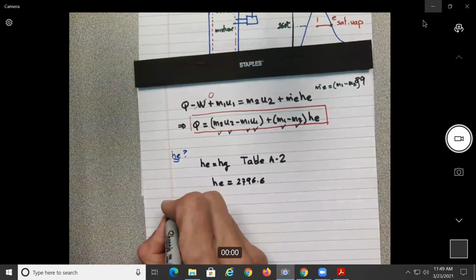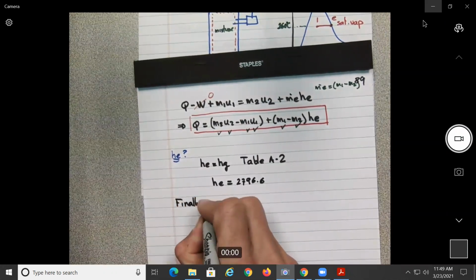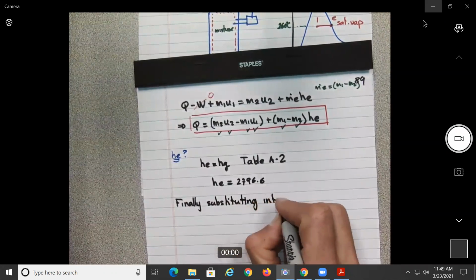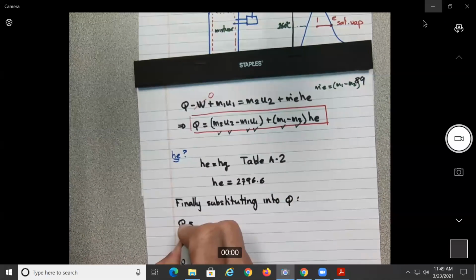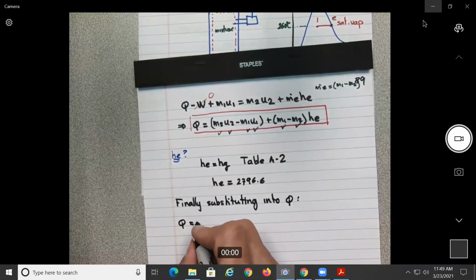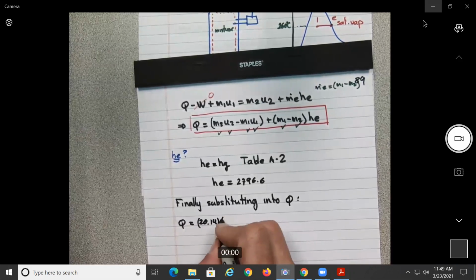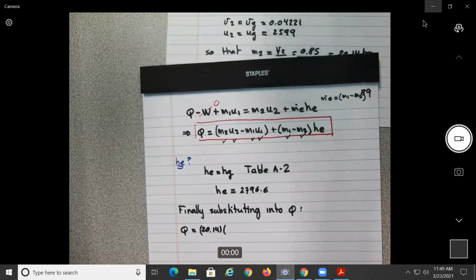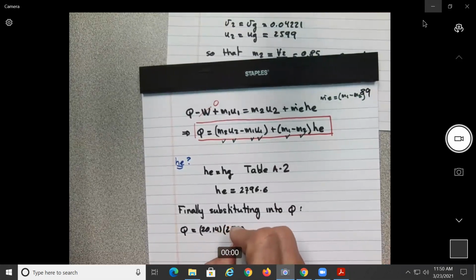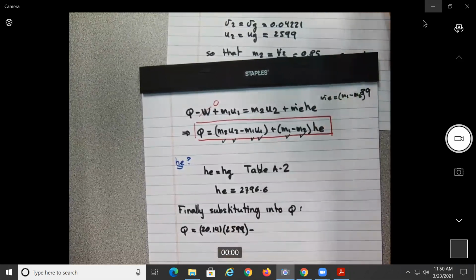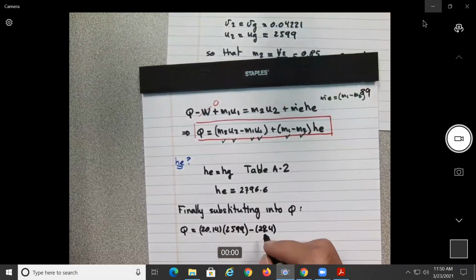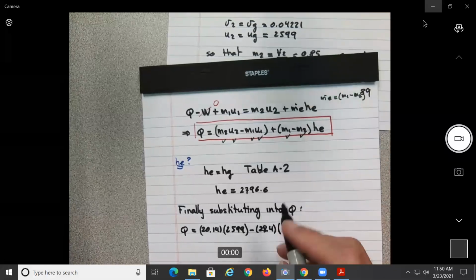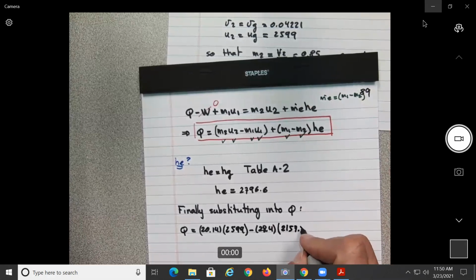Okay, so finally, substituting into Q, we're gonna have Q equal to 20.14 times U2, that we said was 2,599, minus M1, which is 28.4, times U1, that we find to be equal to 2,157.8.